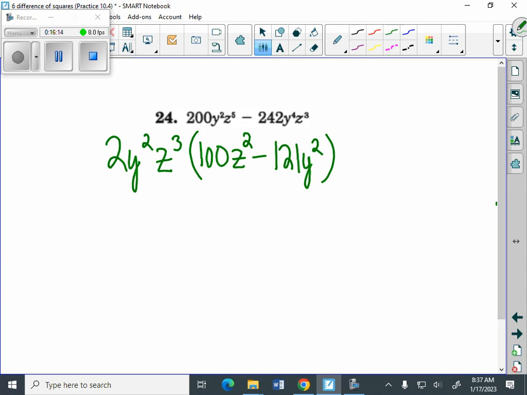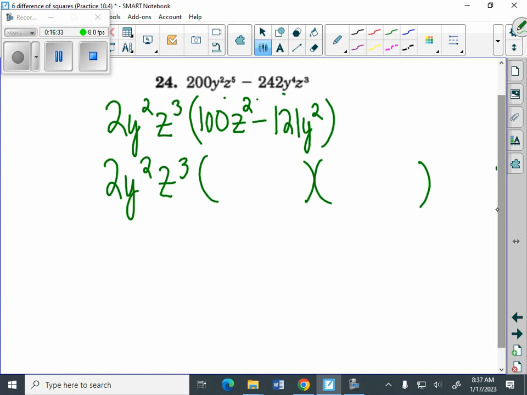And now when we take a closer look, the question is, can we do more? And we do have 2 terms and a minus sign, so the answer is yes, we can do more. We still have our greatest common factor, but we can turn this into 2 more parentheses. The square root of 100 is 10.